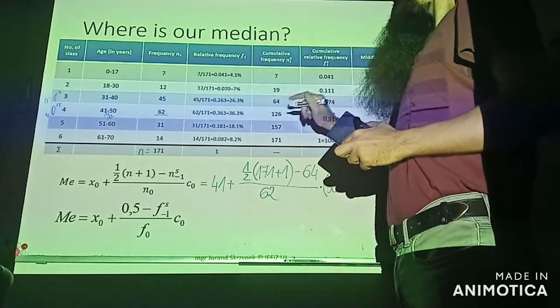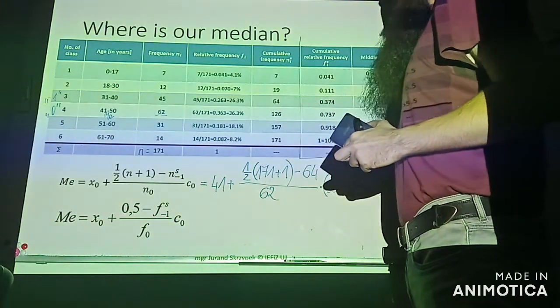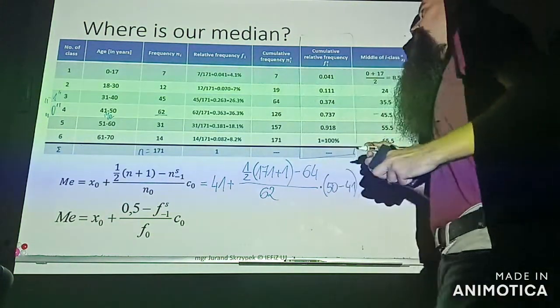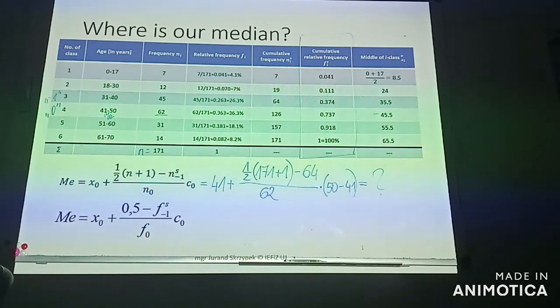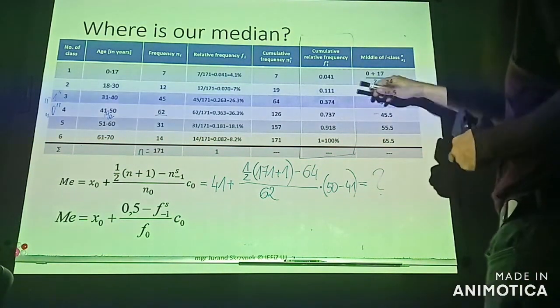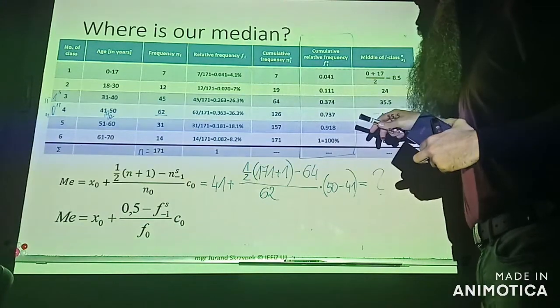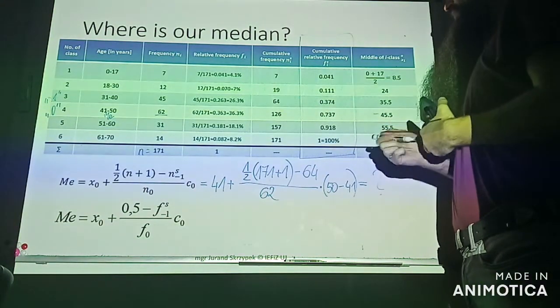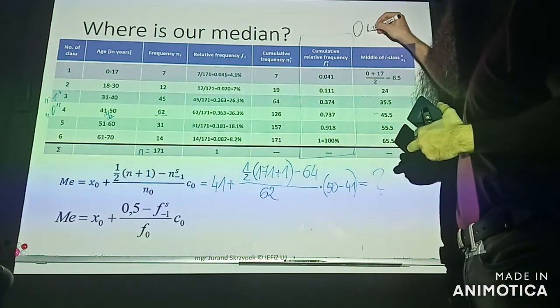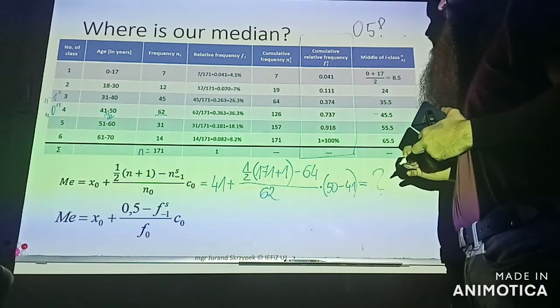Okay, but if we want to perform on cumulative relative frequencies, we are looking for the class in which cumulative relative frequency exceeds a half for the first time.